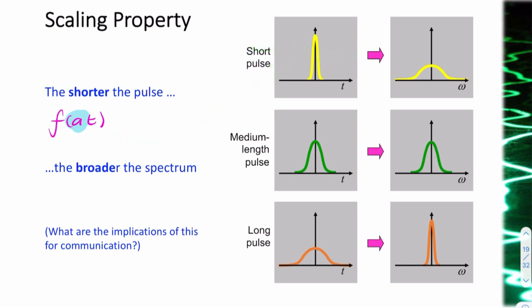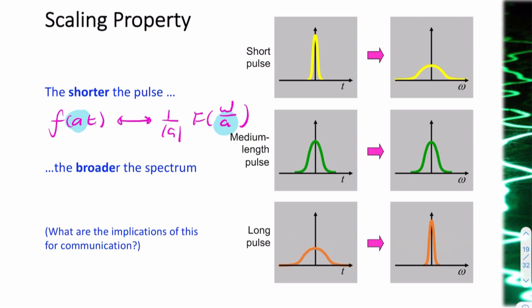And the spectrum would be f of omega over a. So here we're dividing by a, so it has the opposite effect. So when we squash or compress in the time axis, we're actually stretching in the frequency axis, and we're also scaling down in the amplitude. And the opposite is true. As we stretch in the time, we compress in frequency.